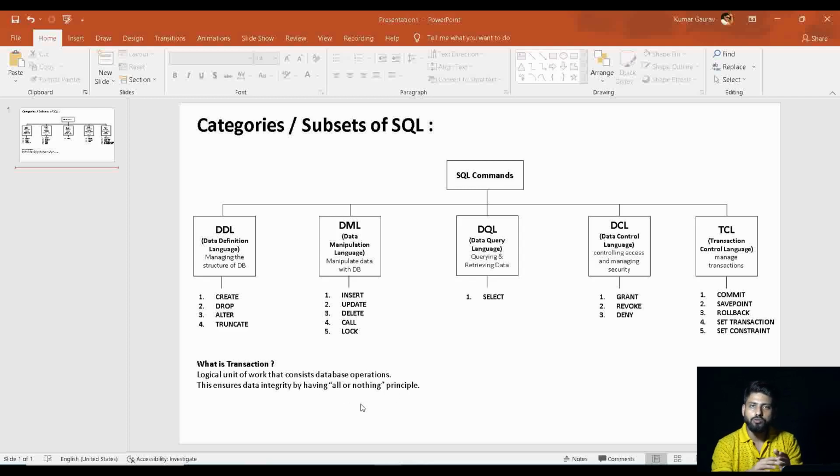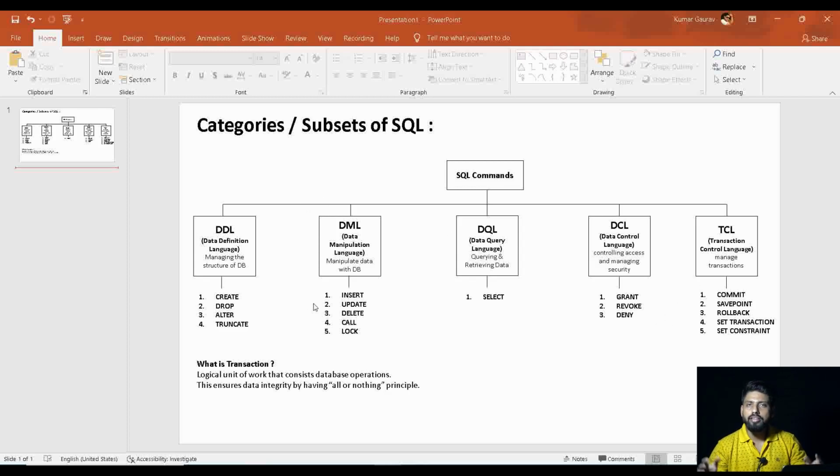That means whatever commands you have passed into that particular chunk of query should either go till the end, or not execute a bit at all. That is called the all or nothing principle. Now this transaction control category is there mainly for handling the transactions or queries we fire into our database. This category generally has commands like commit, savepoint, rollback, set transaction, set constraint.